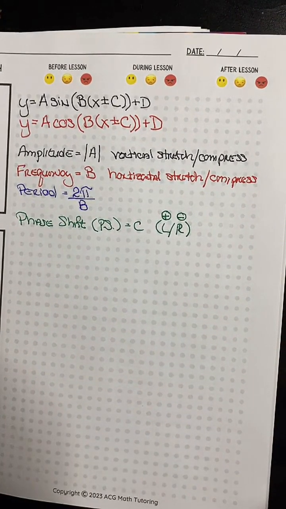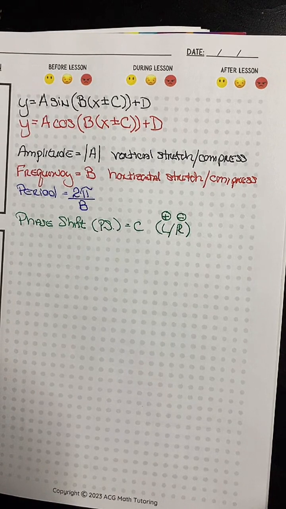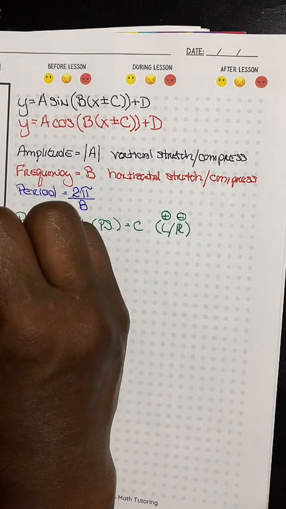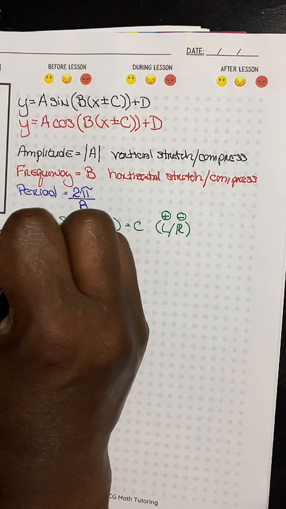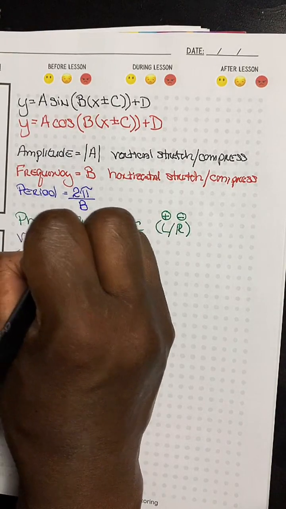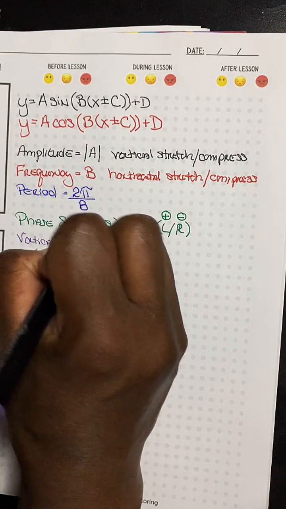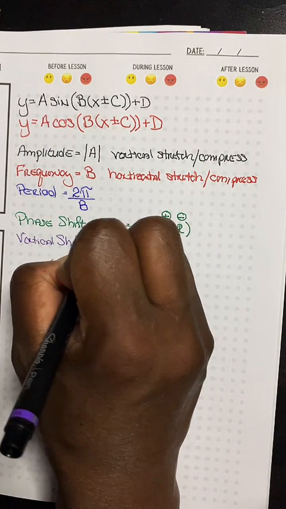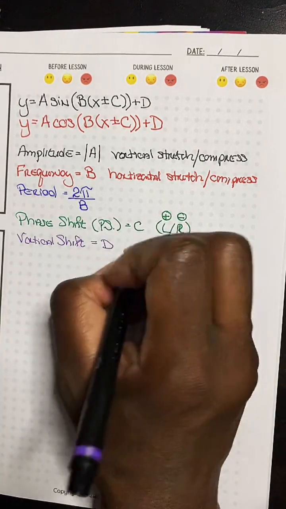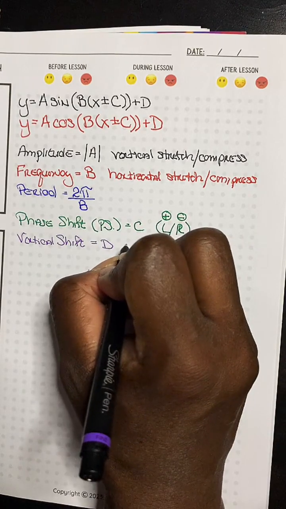Okay? And then last but not least, we have our vertical shift. Okay, and your vertical shift, that's going to be your D. And you just go what you see.